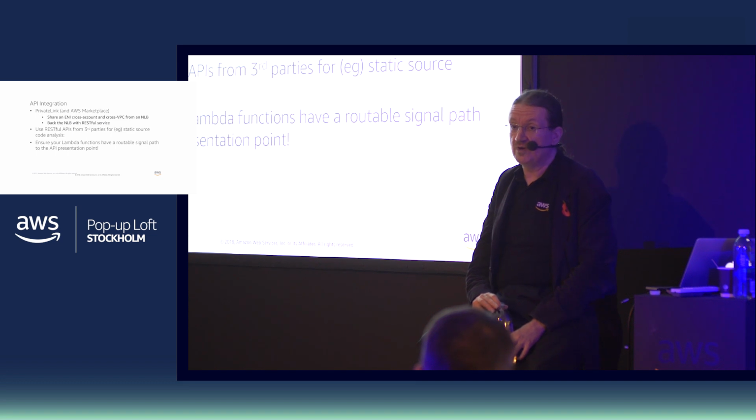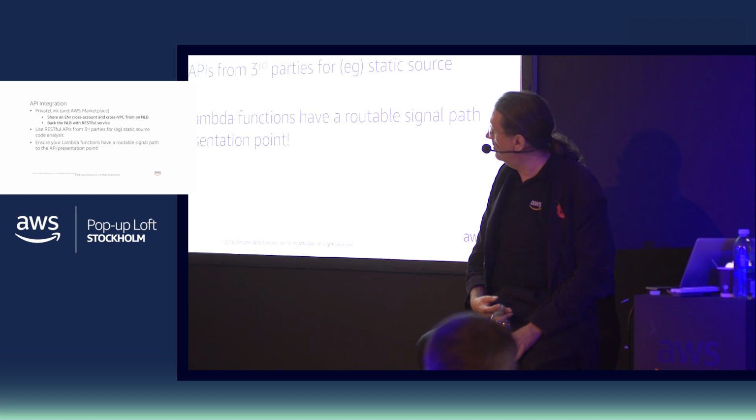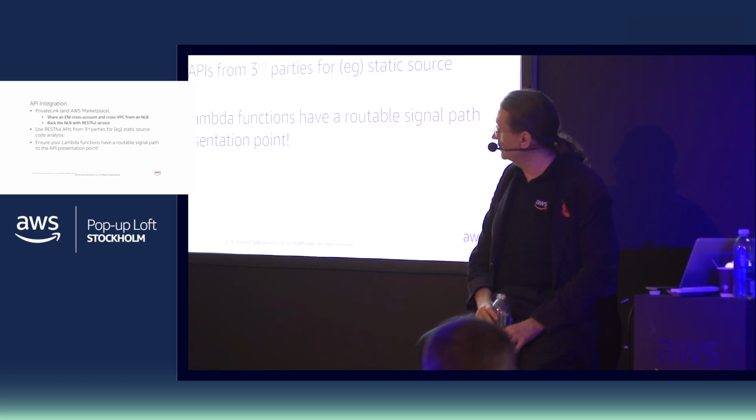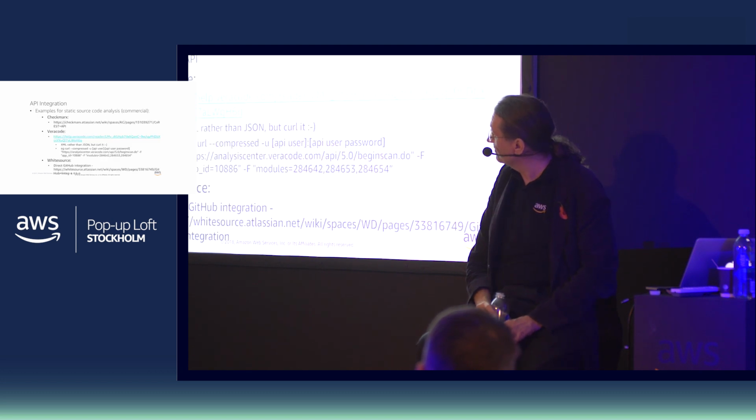That way you just wind up being able to make API calls to the remote system just using Lambda functions, provided everything has appropriate routable paths.